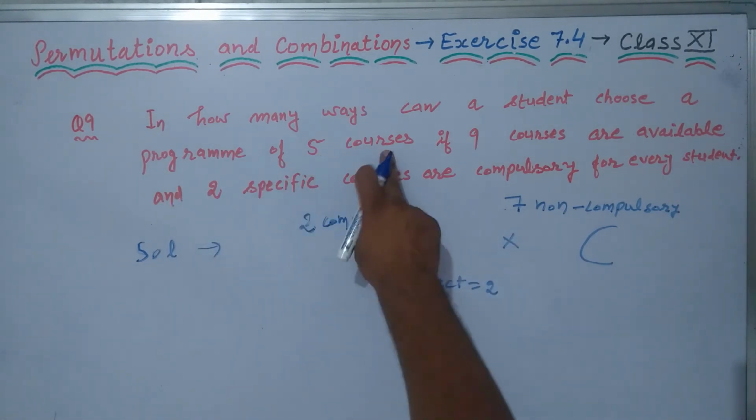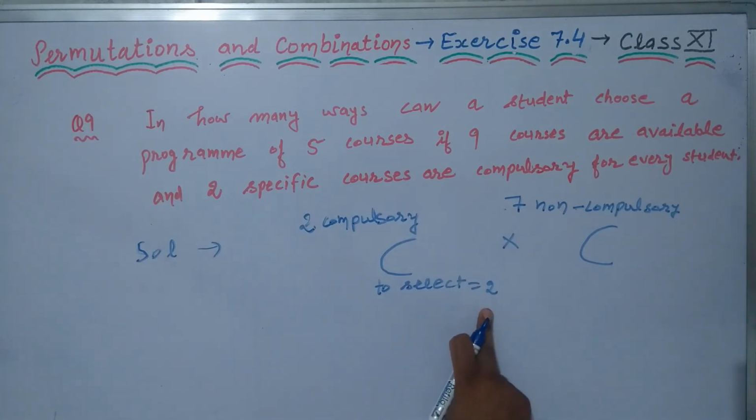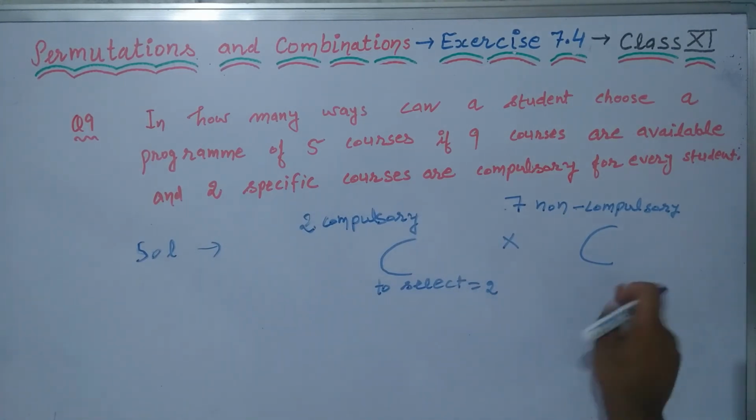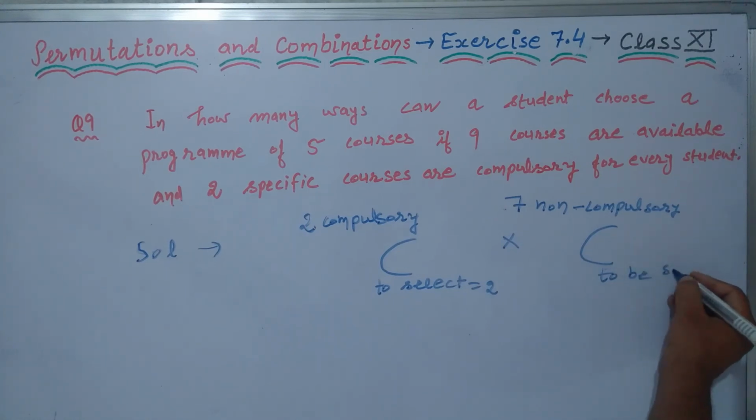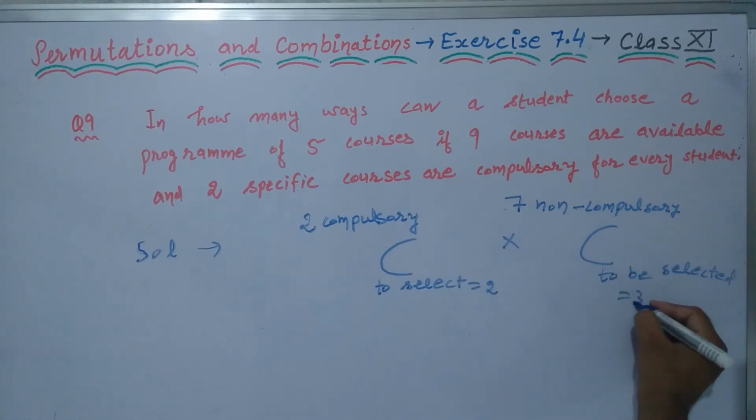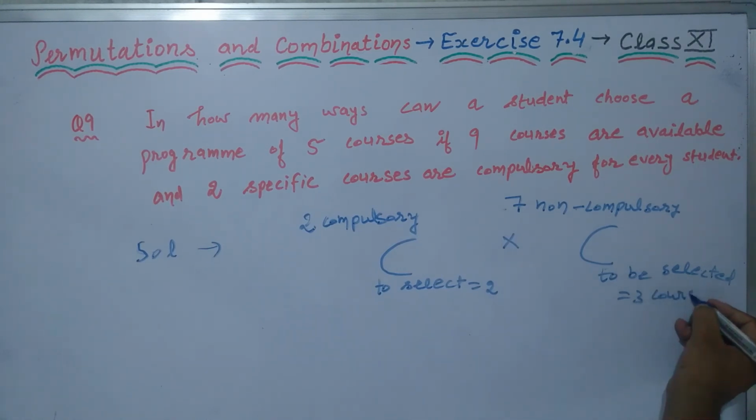Out of 5 courses 2 are selected. Now we are left with only 3 to be selected, equal to 3 courses.